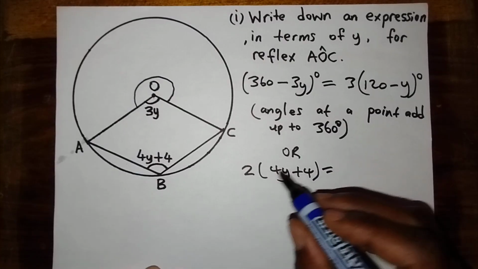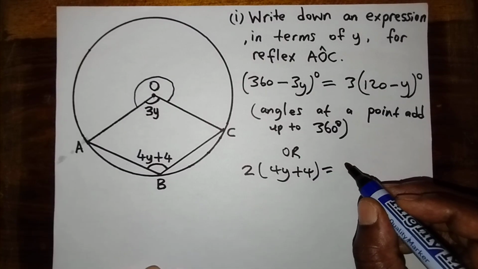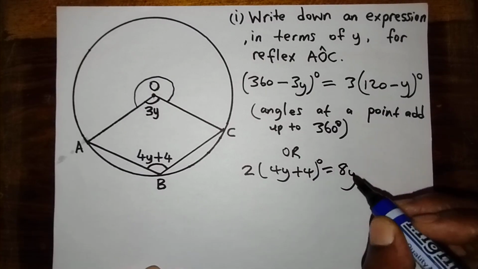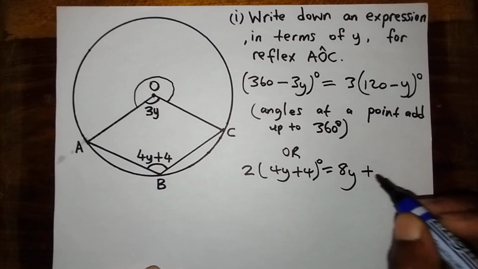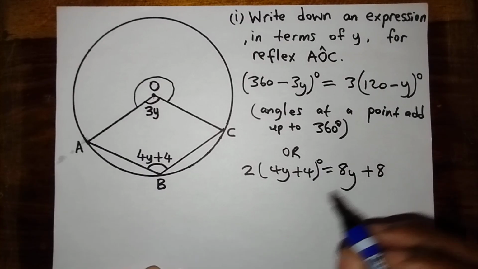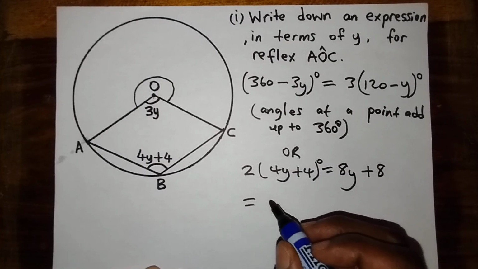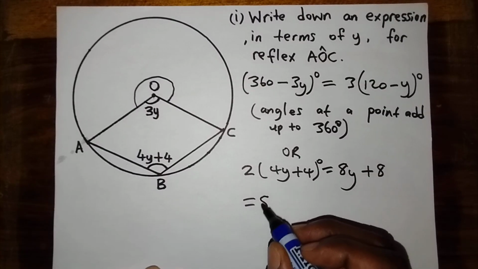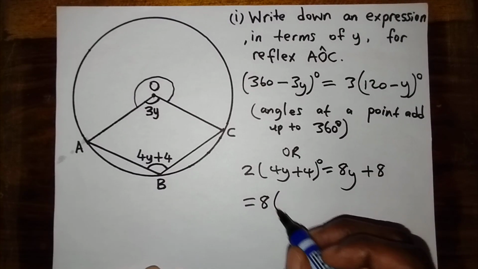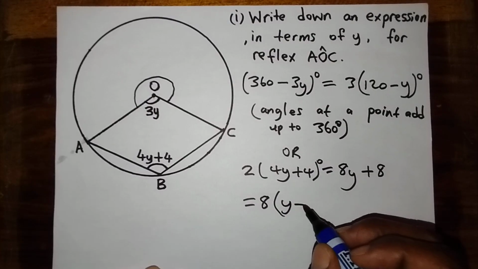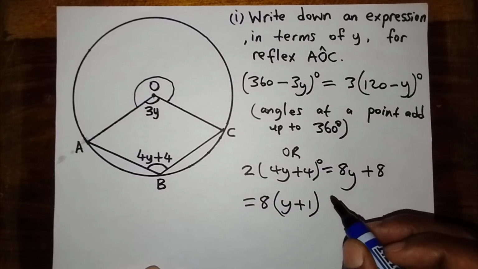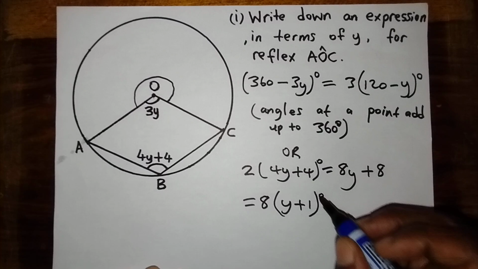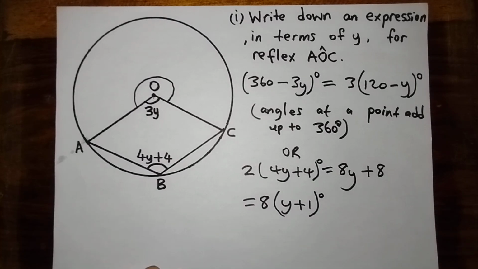If you multiply 2 by 4y, we get 8y. 2 multiplied by 4, we get 8. If we factorize this, our common factor is 8, so we factor out 8, and then we remain with y plus 1 degrees, as the other value for the reflex angle AOC.